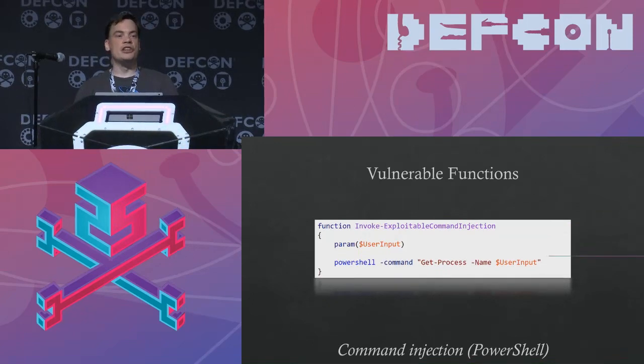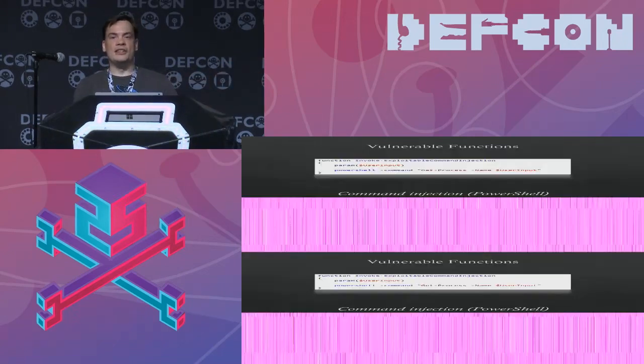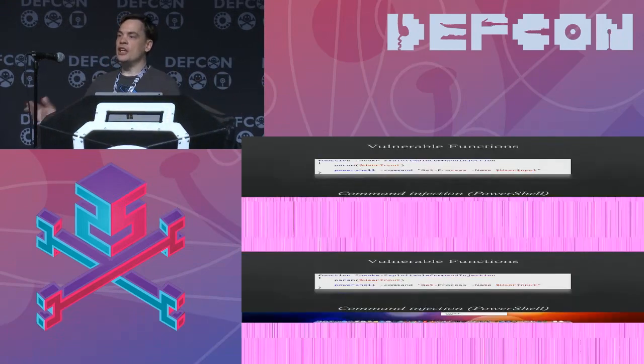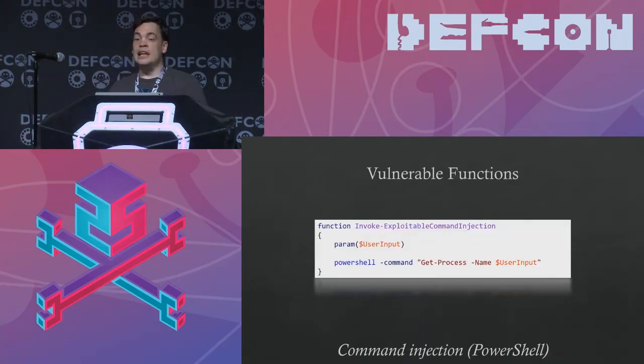Command injection, there's nothing new about command injection in our industry. It turns out if somebody is writing a PowerShell function, they can just as easily write a command injection vulnerability. So here's an example of somebody taking user input and then for some reason deciding to call PowerShell directly and injecting that user input. Like anything you're used to in the past, you can put a semicolon in there and run arbitrary commands.